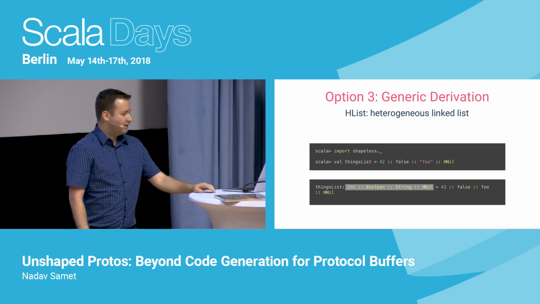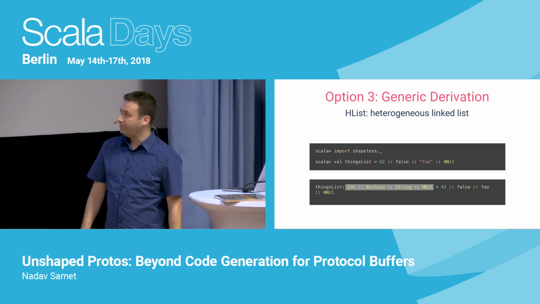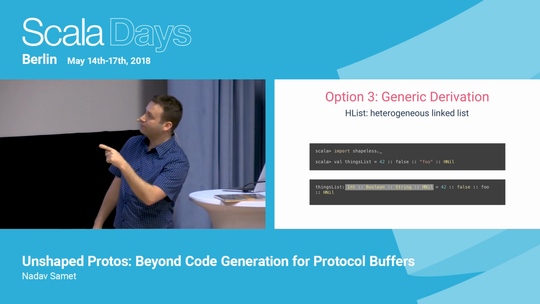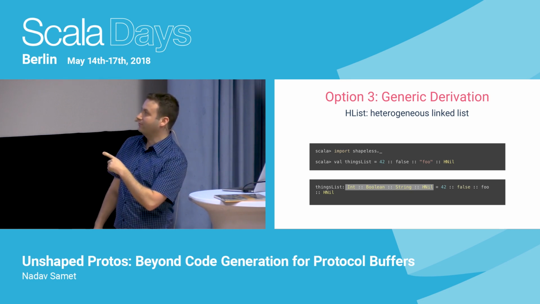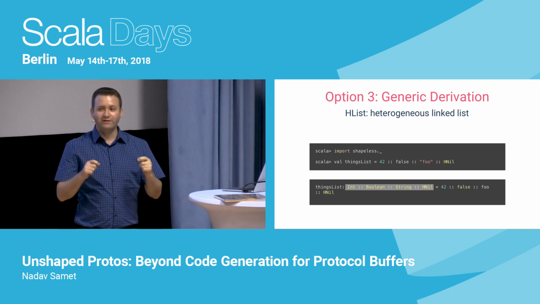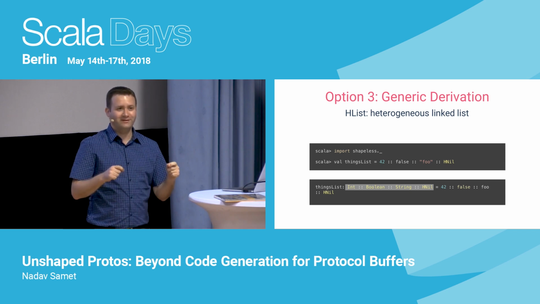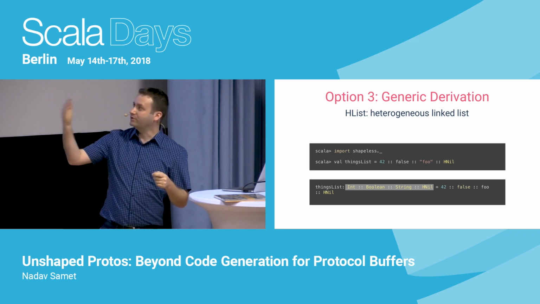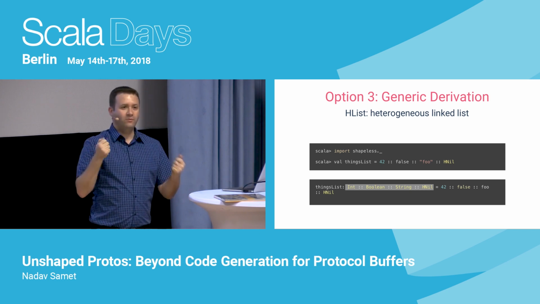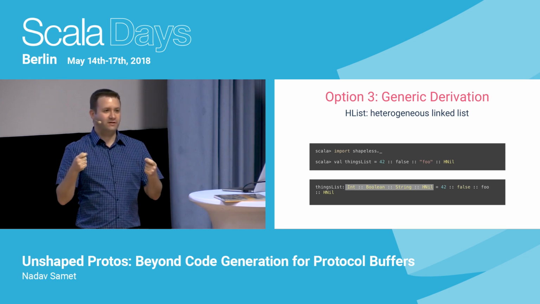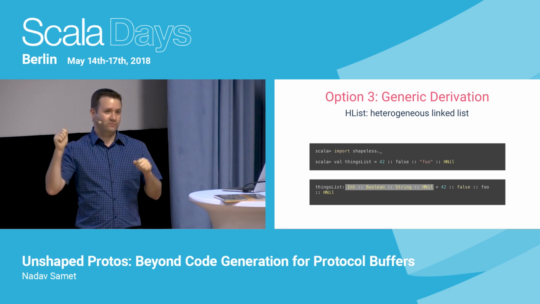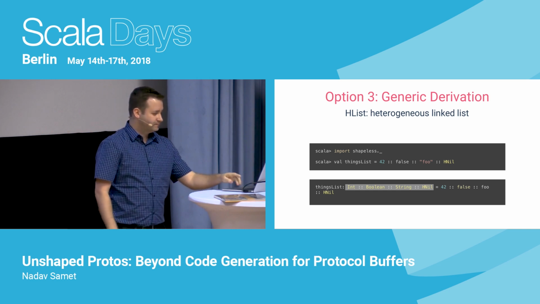When we run this, the inferred type would be Int :: Boolean :: String :: HNil, so every type that we had in the instance is represented here. We didn't lose any type information like we had in the List of Any before. Every type is captured here.